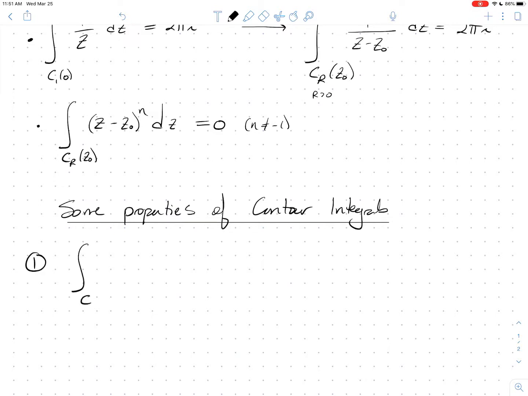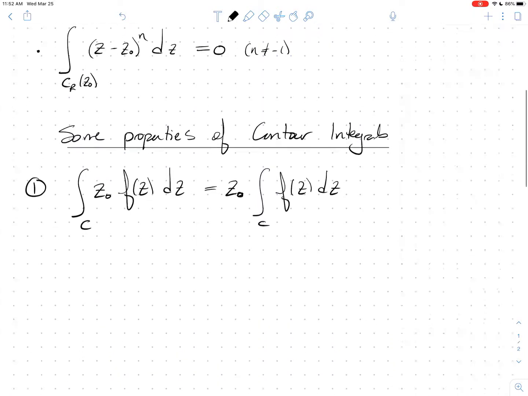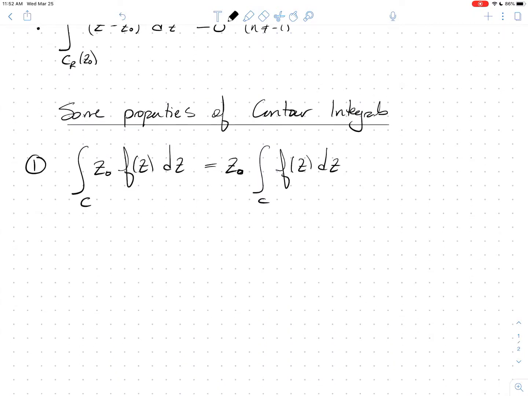If I have a contour integral and I've got some constant z naught times f of z dz, you'd like to be able to pull the z naught out, and that's exactly what you can do. So no problem there. We actually saw this property when we looked at the definition of the integral of a complex function of a real variable, and so this particular property follows from that one.